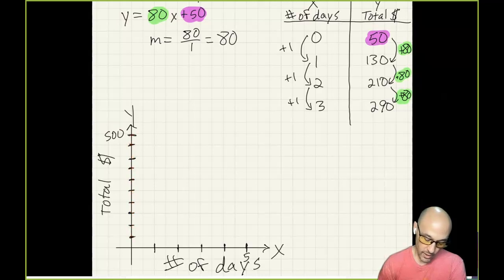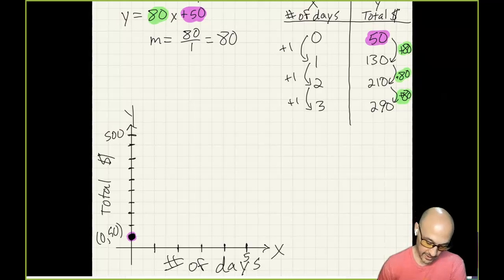All right. So on day 0, we spend $50 right there. So that's going to be 0, 50. And I'm going to highlight that with that kind of a fuchsia pink color.